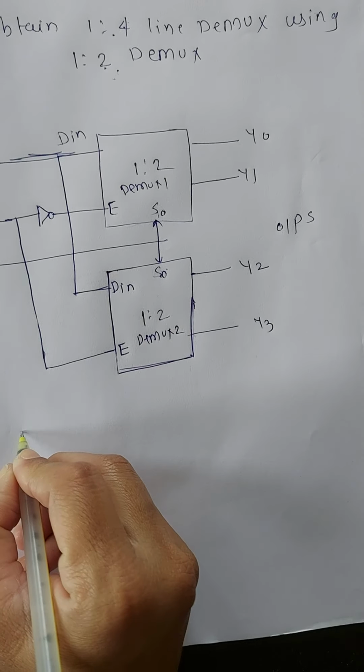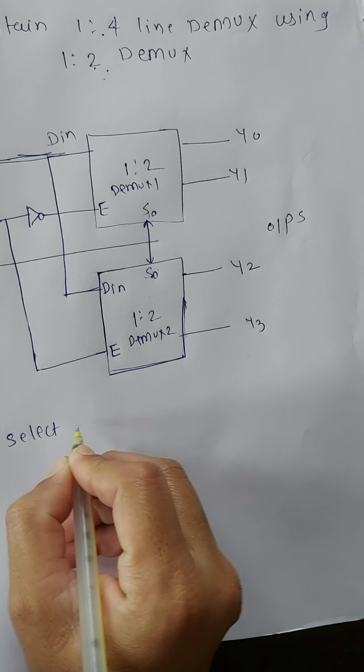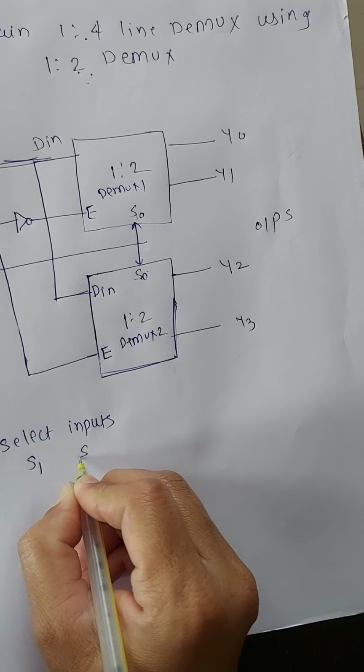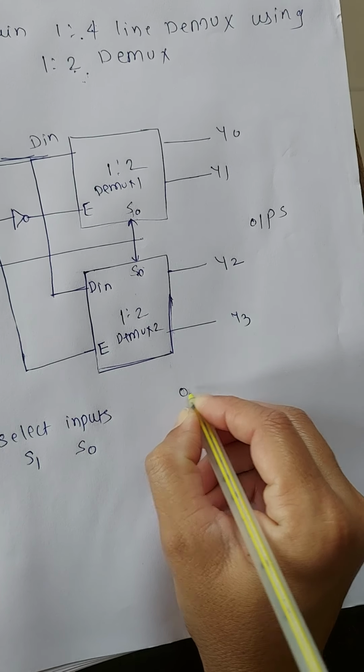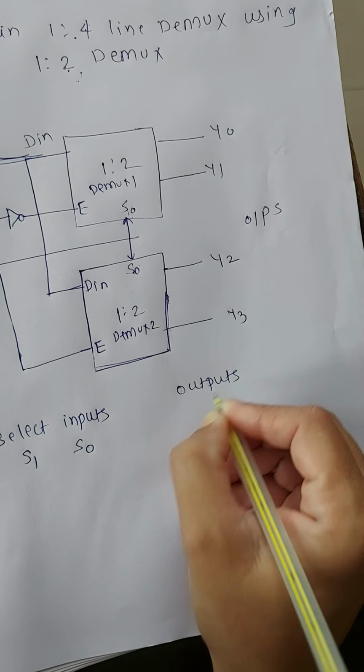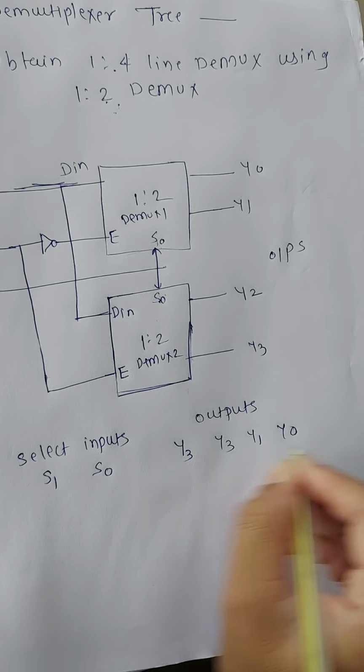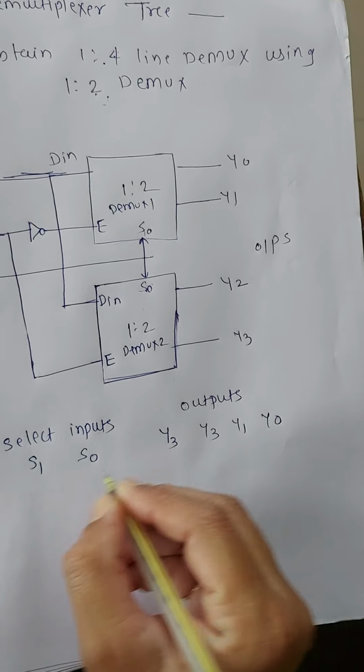Now there is a truth table, with select inputs S1 and S0 and outputs Y3, Y2, Y1, Y0, MSB to LSB.